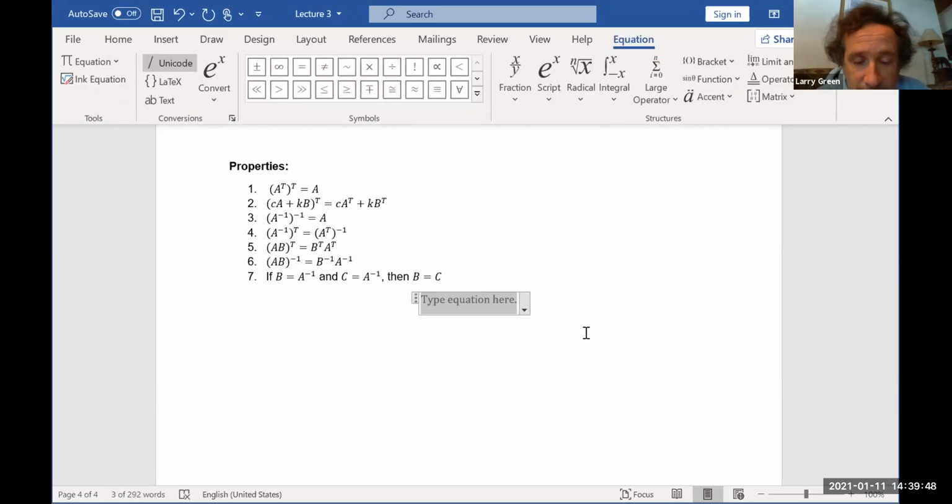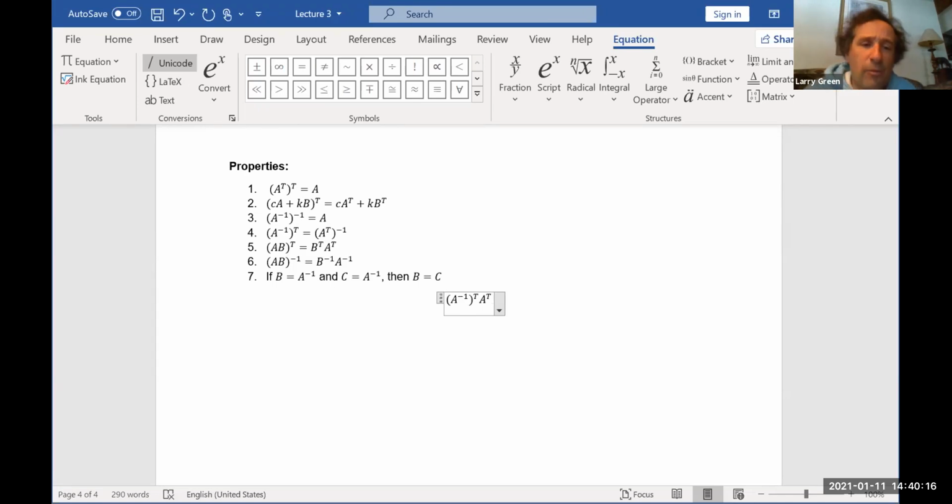I need in parentheses A inverse transpose, and then I need to multiply that by A transpose. Okay, any questions on that so far? All right, now I want to see, do I get the identity or not?